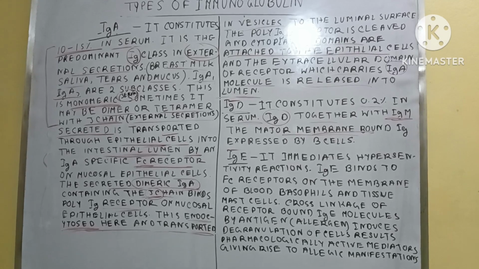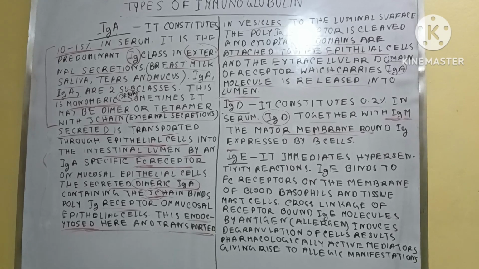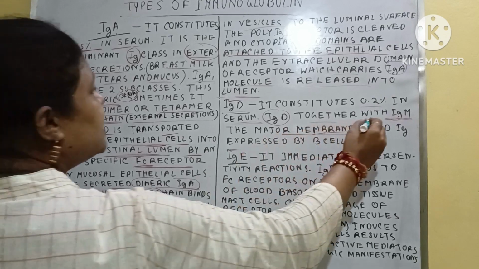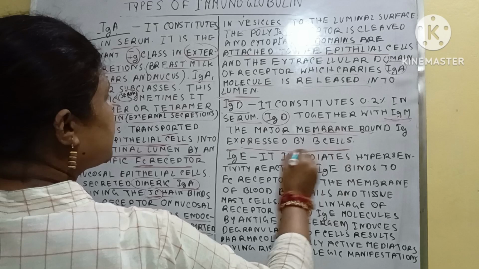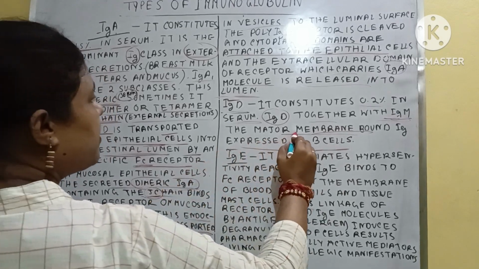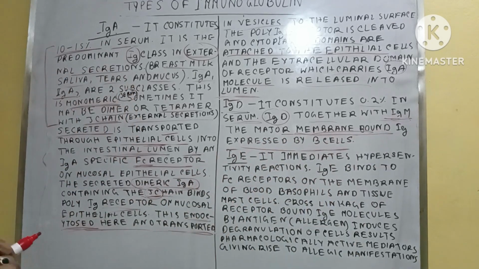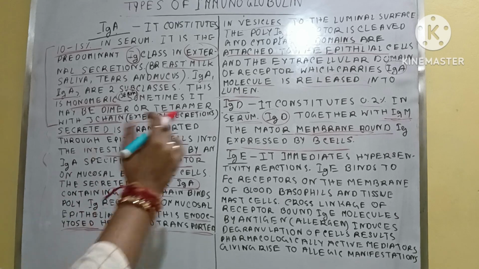Here the IgD molecules, together with IgM molecules, are expressed by the B cells, and they are the major membrane bound Ig molecules. And they function with the IgM.